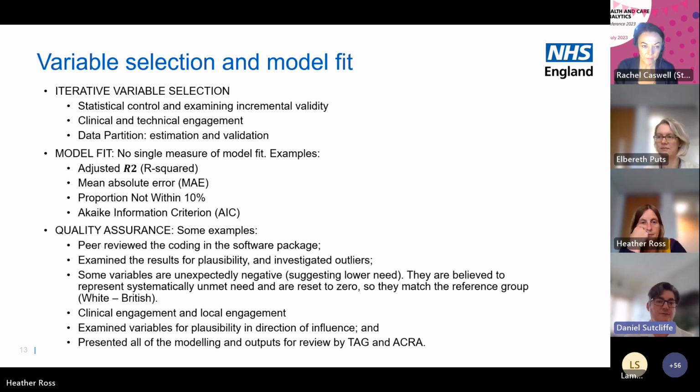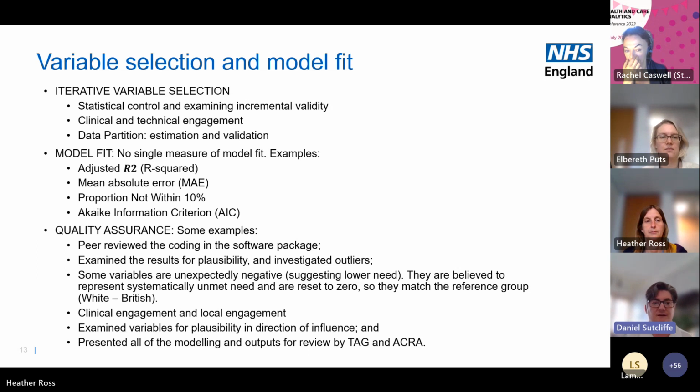One of the big issues in all of this, and as you probably know, is around selection of variables and how to assess the model fit. So our method to variable selection is, we have a number of different methods, but ultimately we use an iterative approach where we fit a model at increasing values of t. We remove variables, then we refit the model, and then we run the regression again, and then at higher levels of t, start removing variables.